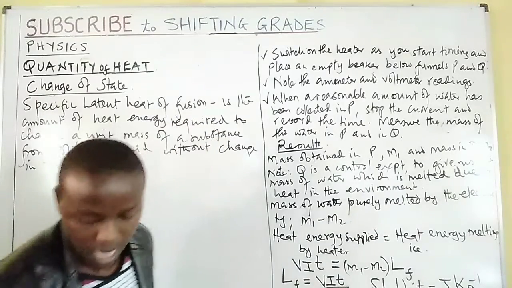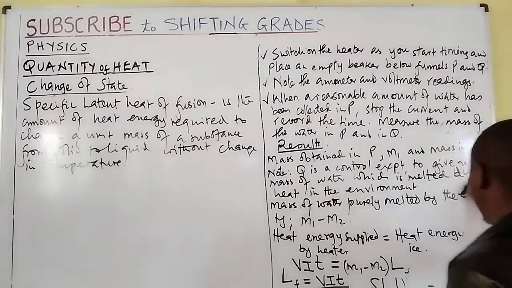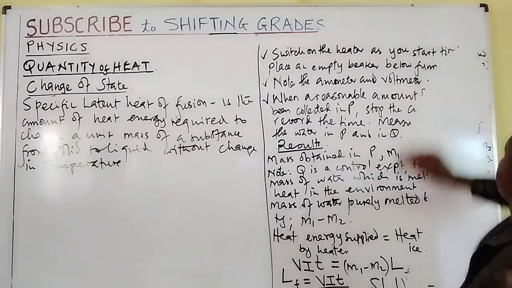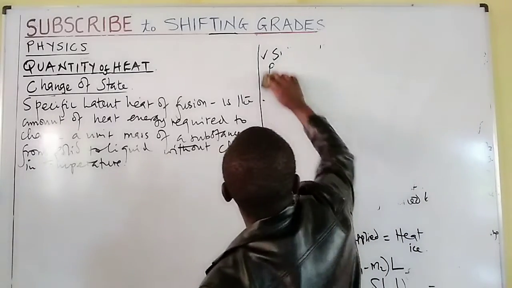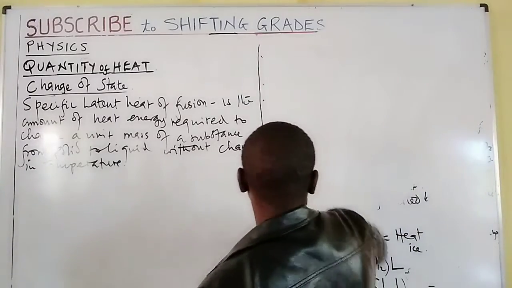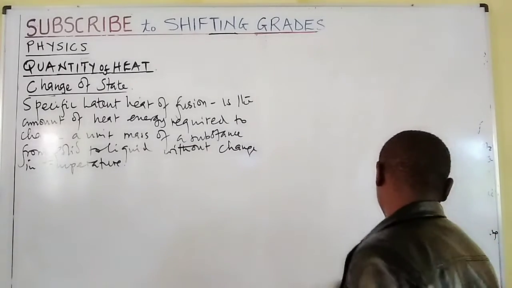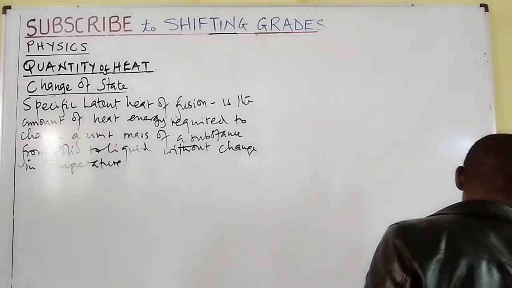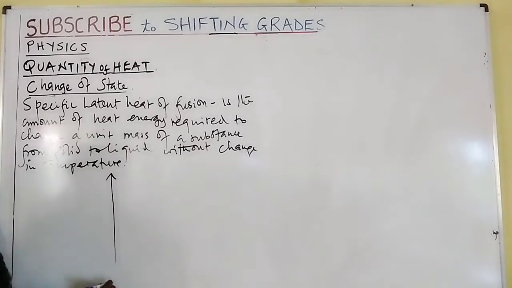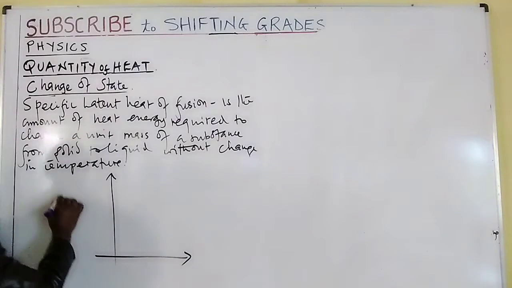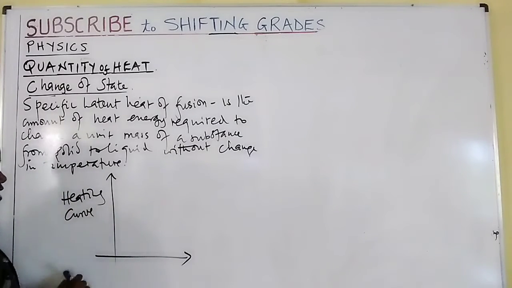So that's what happens. We can check latent heat of vaporization now. Latent heat of vaporization. And we say that now, when you are heating a liquid, take the heating curve, say of water.